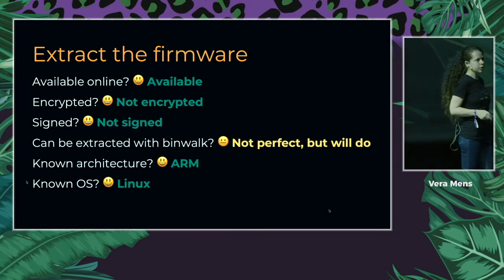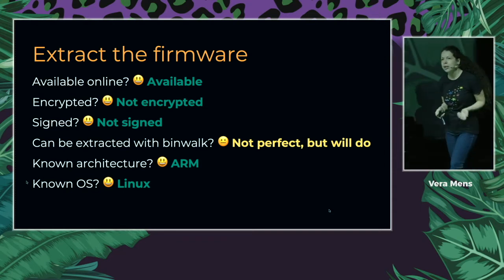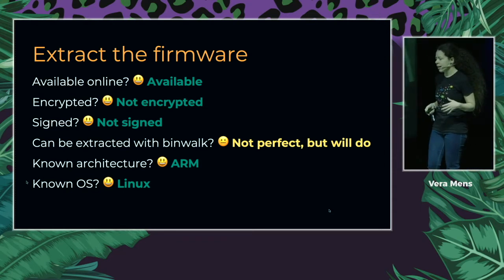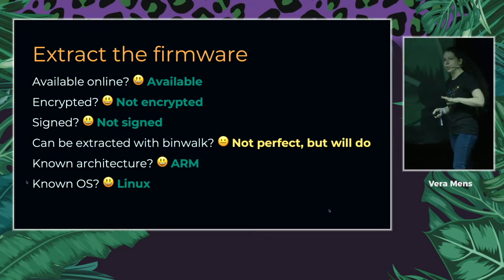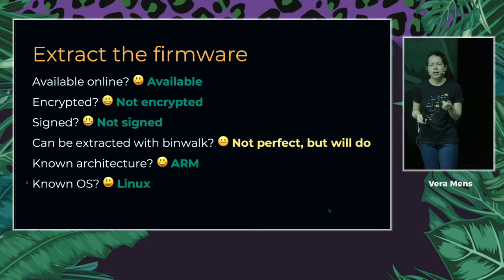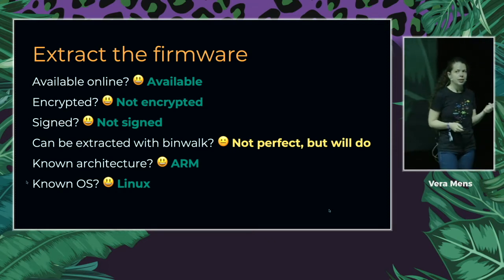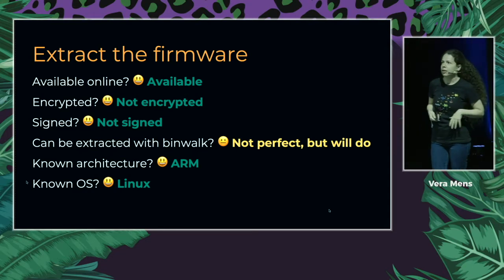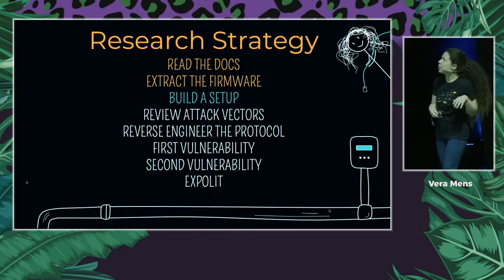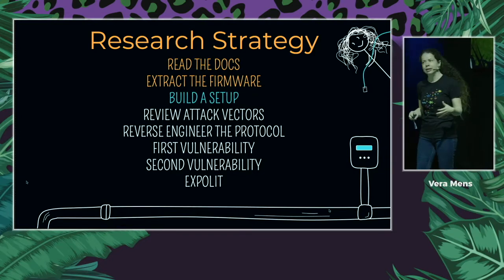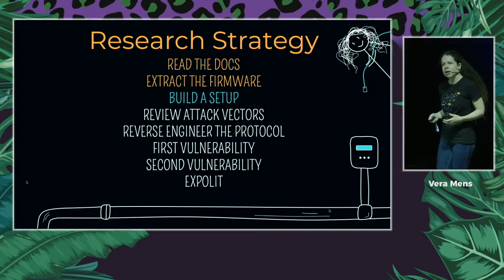Whether it runs on an operating system that is familiar to us as researchers. In this project, it went quite well, as you can see. In a matter of a couple of hours, we had all the files needed to start to reverse engineer it. But before we started to reverse engineer it and understand what it is, we need a setup.